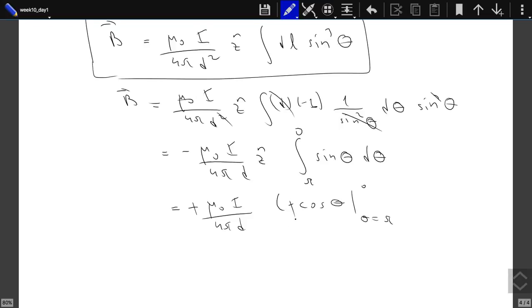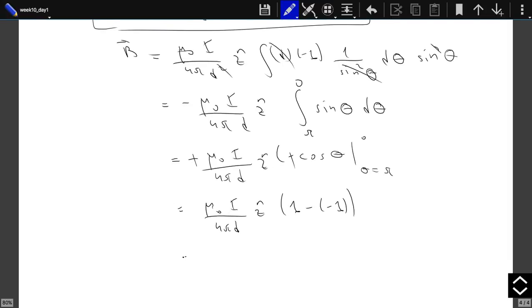Minus minus makes a plus: cosine 0 minus cosine pi. So this is mu 0 I over 4 pi d in the z direction times 1 minus minus 1. This is equal to mu 0 I over 2 pi d in the z direction.